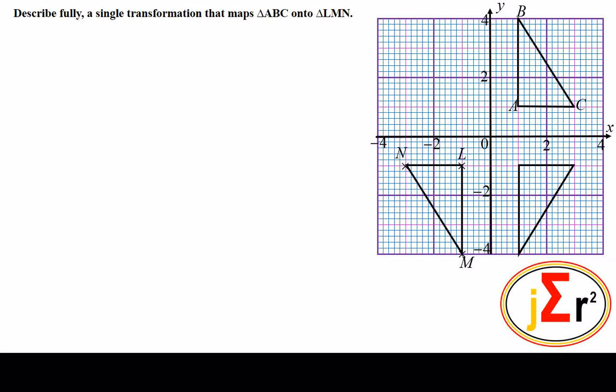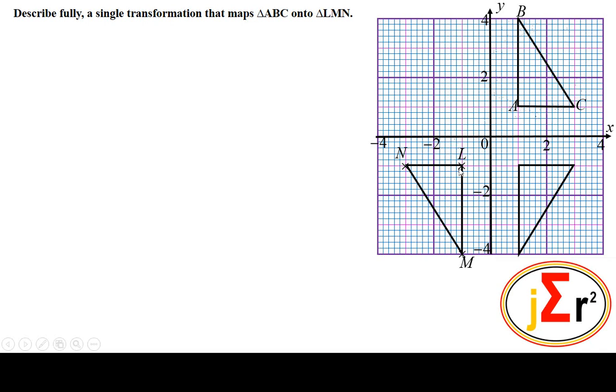However, if we did not have that information, we could still tell that it is a rotation because they have the same orientation. Meaning that if we take a look at A and we go A, B, C, we go in a circular fashion like that. A, B, C, A, B, C. That is a clockwise motion.